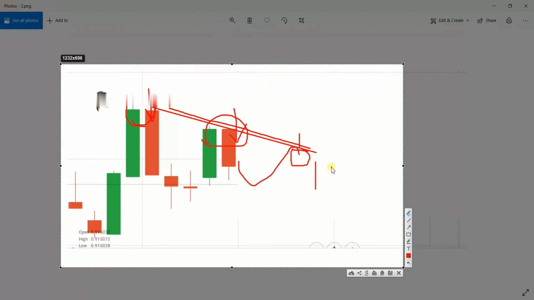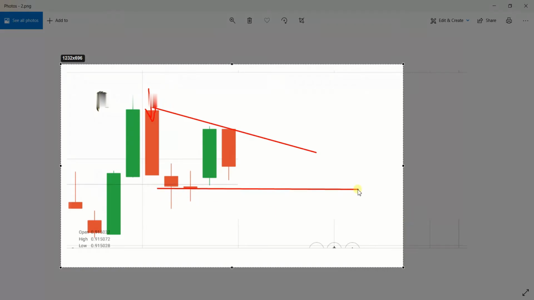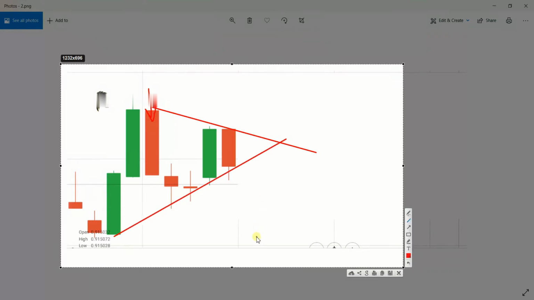Okay, the candle closing point is here, so we need to check the level here. There is a support level, you can see still a gap, and here also there is a support, but it is a very big gap. And here, if you observe, we can draw a trend line, right? Let me draw it clearly.